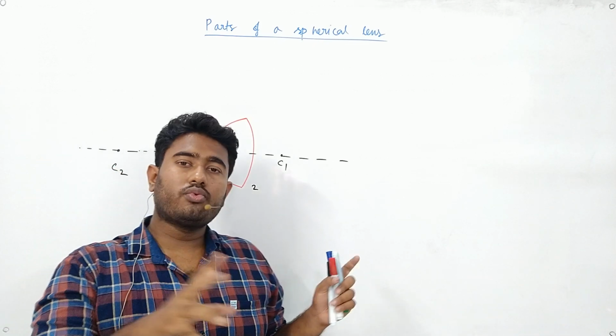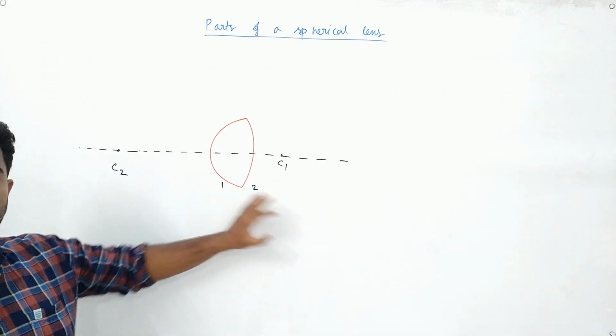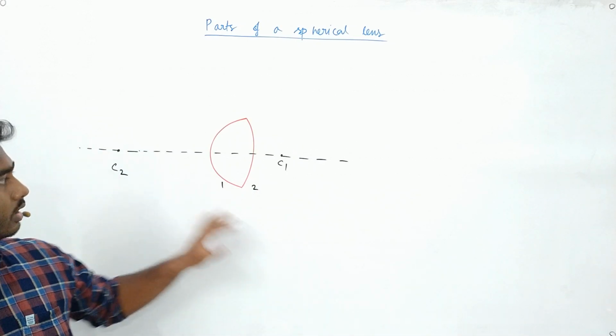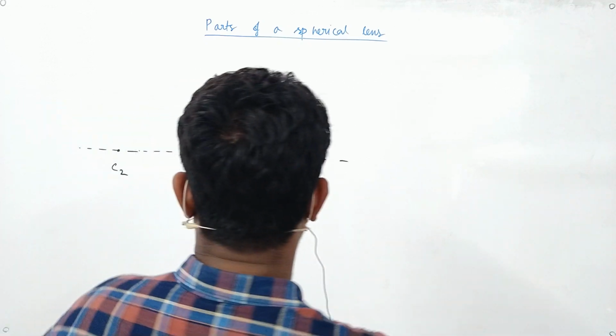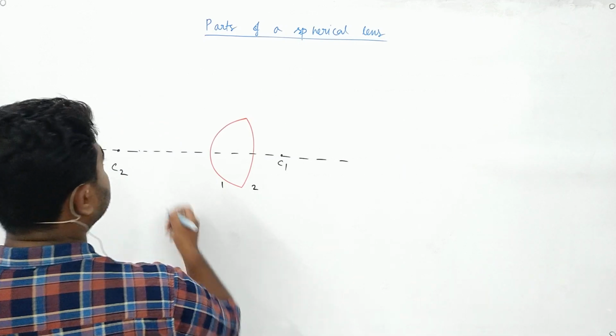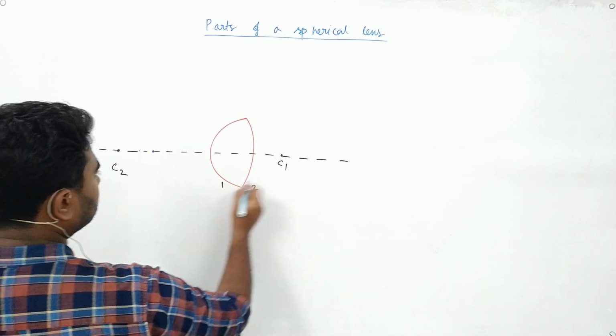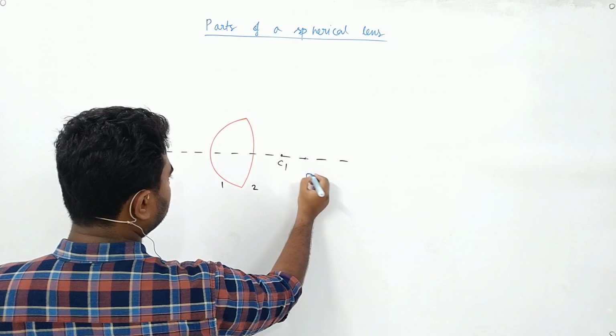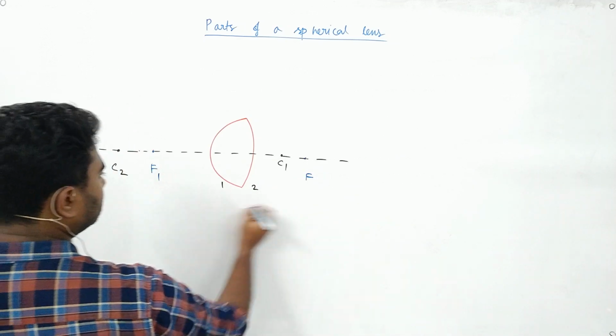But remember, a lens has two focal points, the first focal point and the second focal point. Whichever the case may be, this lens will have the focal points equidistant from each other. Suppose this is F1, this will be F2.